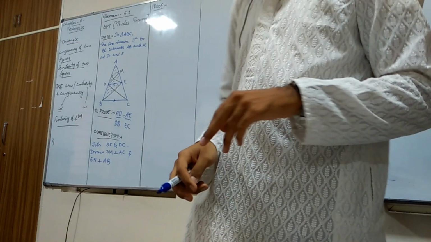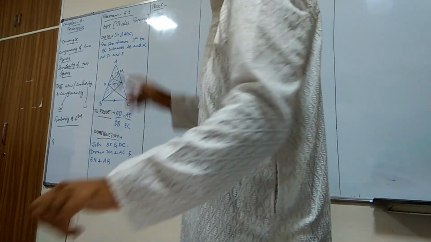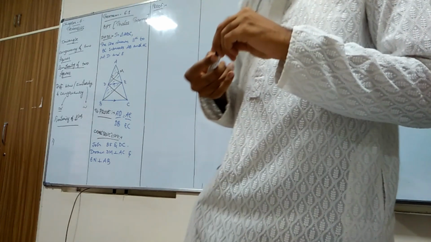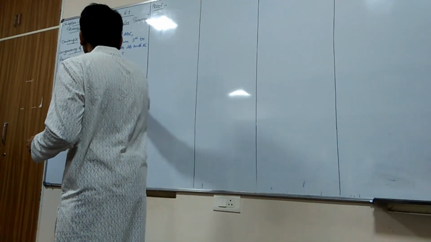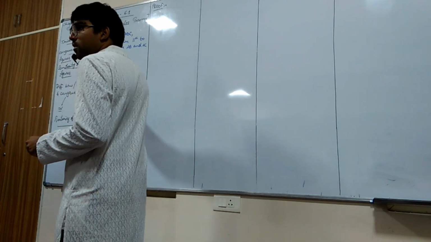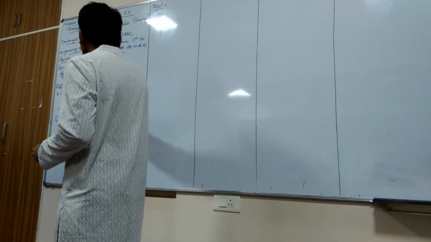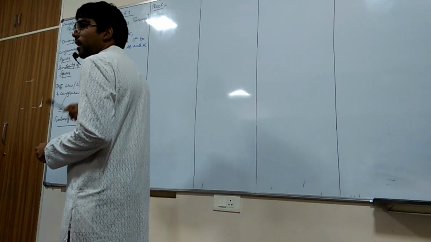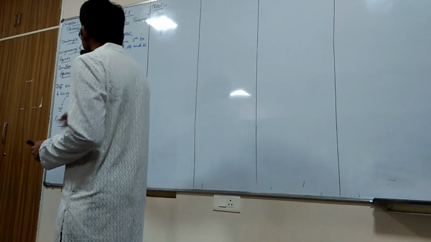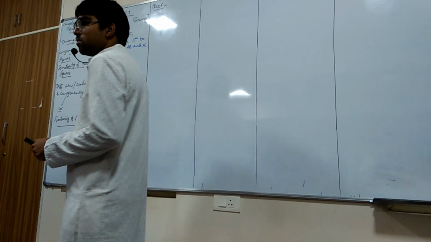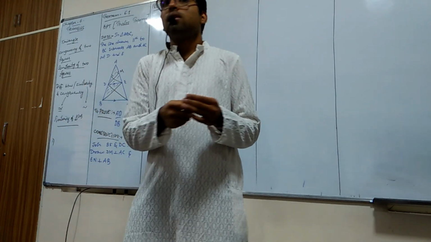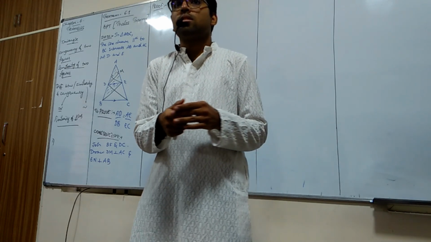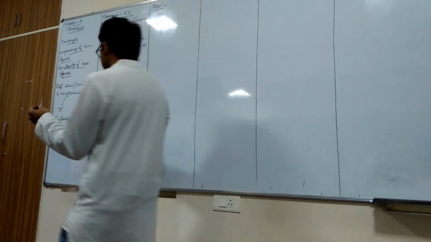D is the common side. ADE triangle, full upper triangle. BDE lower triangle. D is the common side. Good enough.